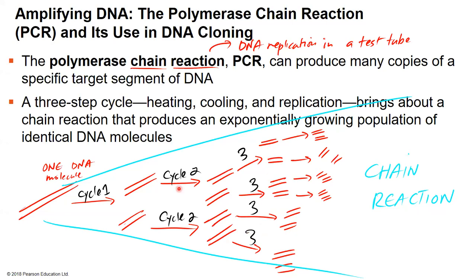So after each cycle, the number of DNA molecules will double, assuming, of course, 100% efficiency. So we have exponential growth of the number of identical DNA molecules. All these DNA molecules are identical in their length and their sequence. Okay, so this is DNA replication, similar to the DNA replication you learned about in Biology 101.